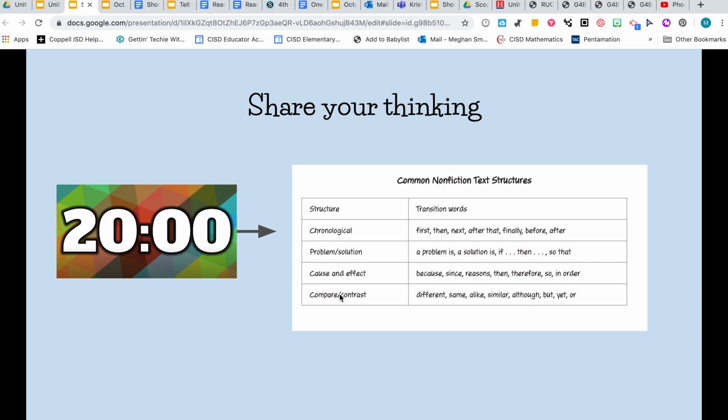I will also make sure that you have a copy of the common nonfiction text structures linked for you. As you read, use that text structure to help you learn from the text, to help you take mental notes. You have lots to do today. I would love for you to jot down your thinking as you read. Off you go.